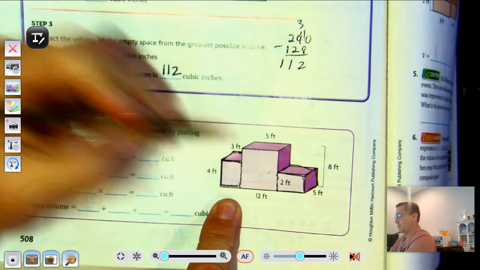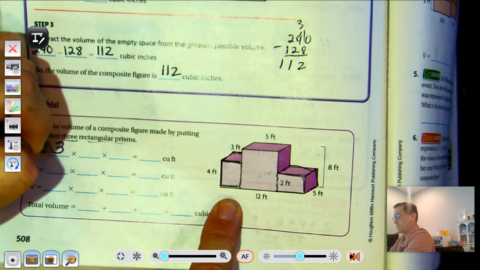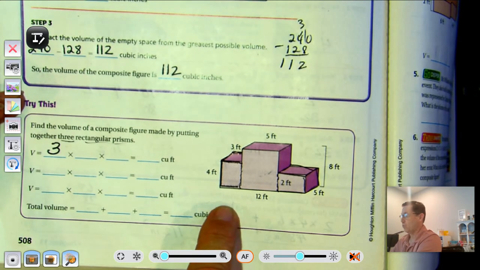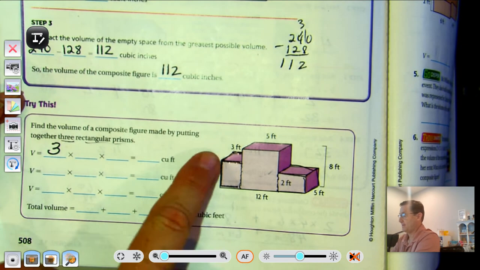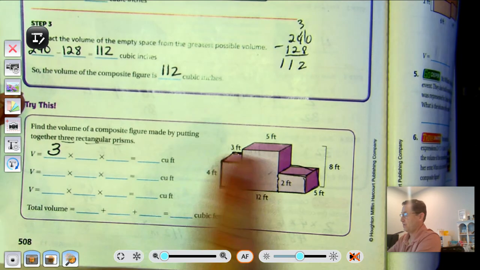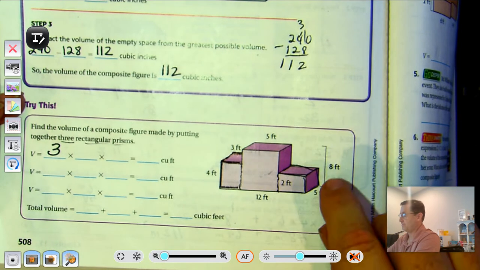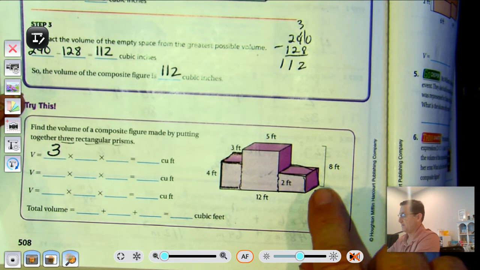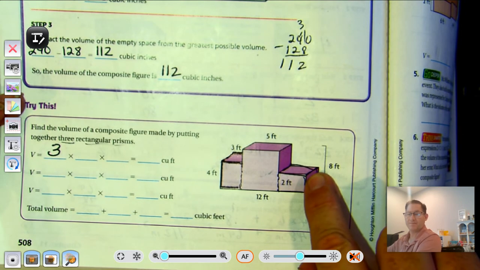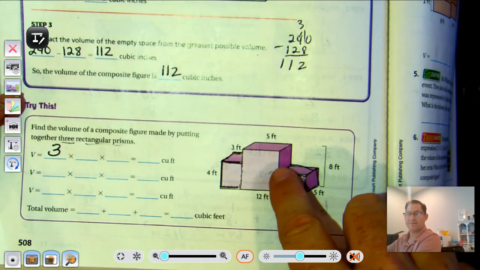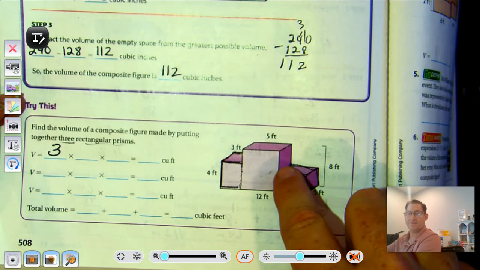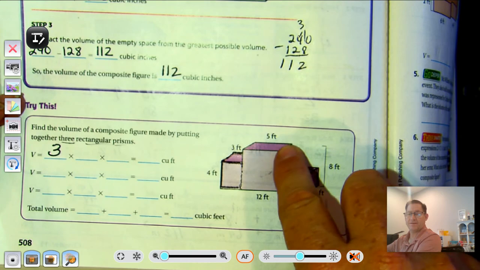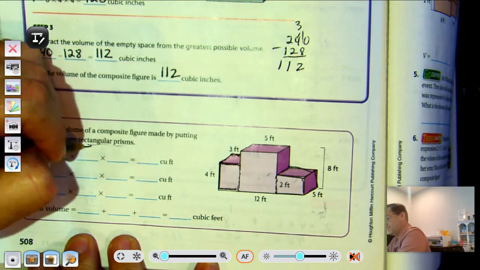The length here, they're telling me it's 3. The width isn't here, but it is listed here on the bottom, 5. So if this is 5, this top part is 5. If this is 5, this has to be 5. If this is 5, this width is 5.